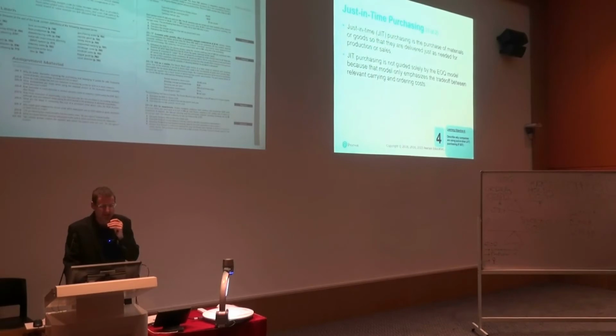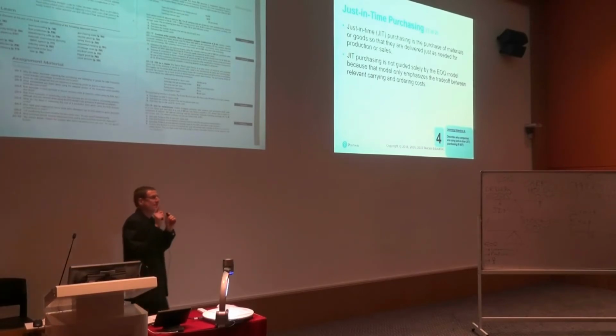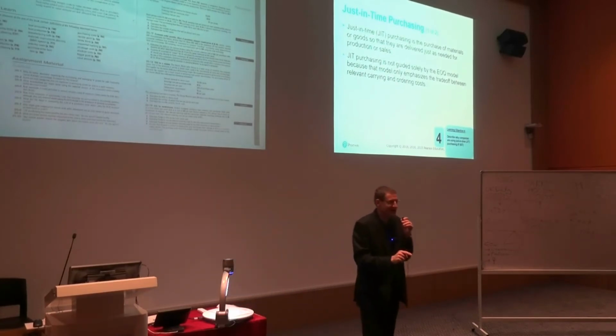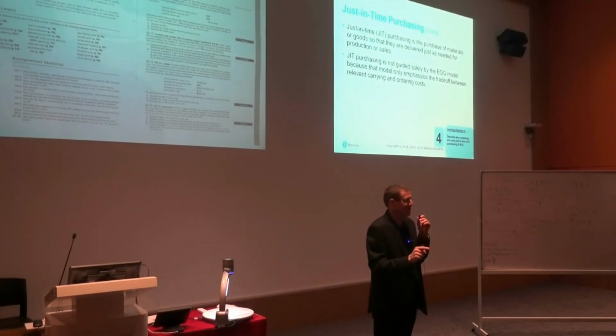Just-in-time purchasing is the purchase of materials or goods so that they are delivered just as needed for the production or sales. And so here you want to make a note afterwards. Therefore, sales forecasting is critical, all right? Make a note. Therefore, sales forecasts are critical.